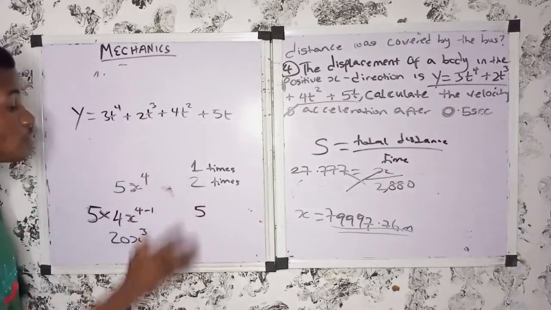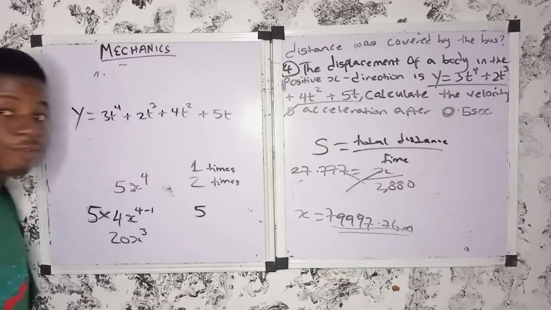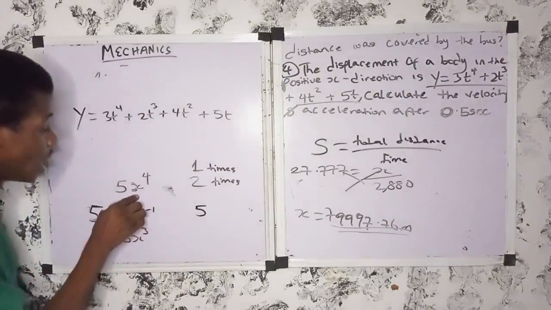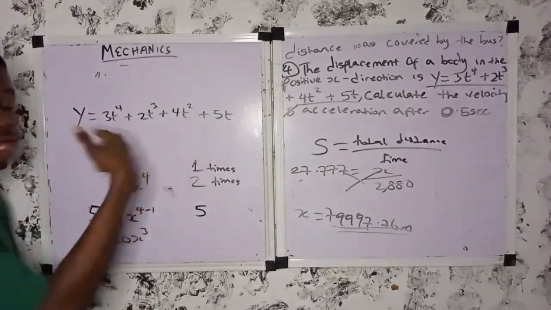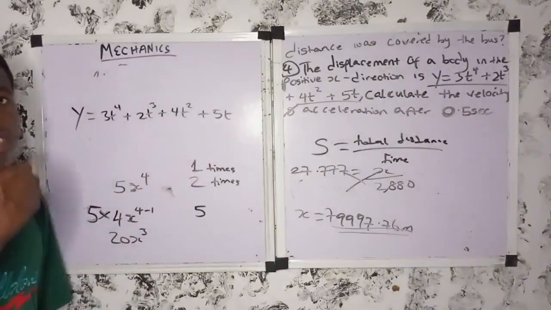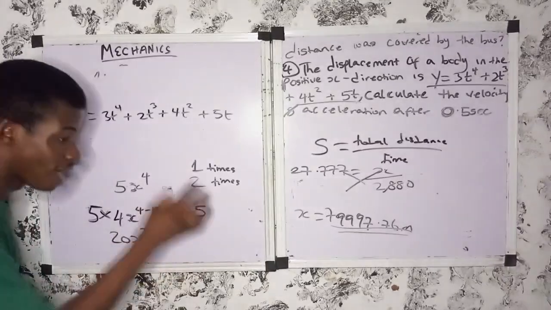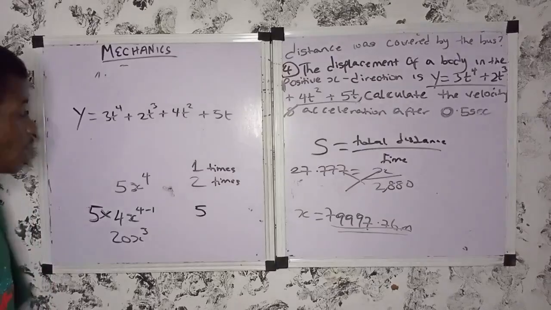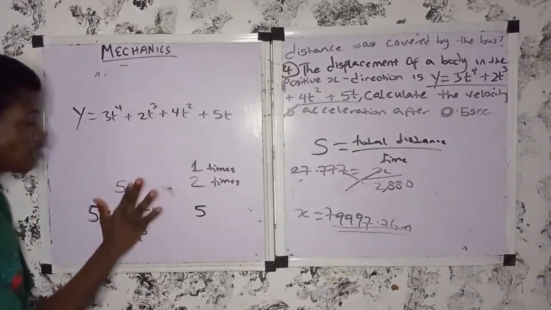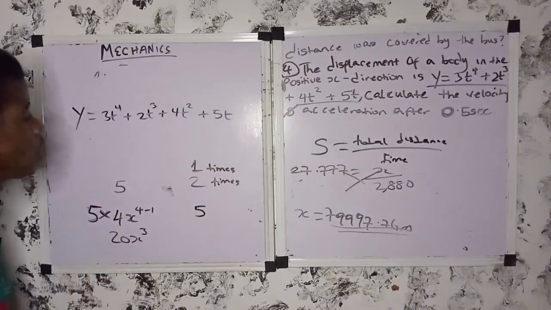When a value is just standing on its own, with no x or any variable attached to it, the differentiation of that value is 0. So for example, if they tell us to differentiate 5, the answer is 0. That is how to do it.